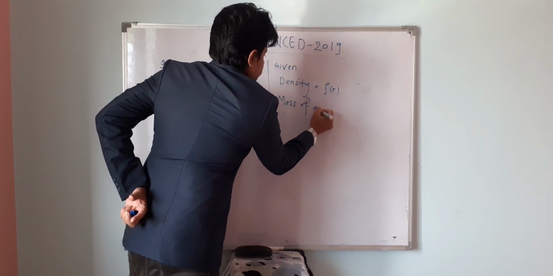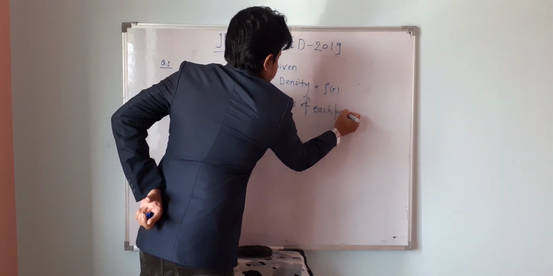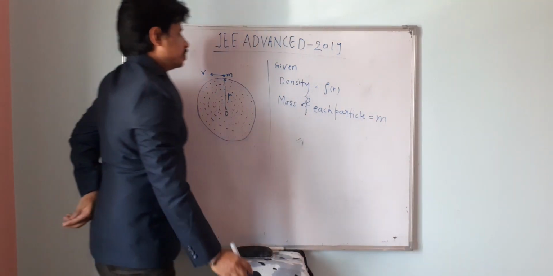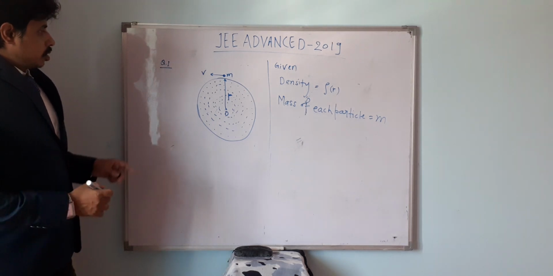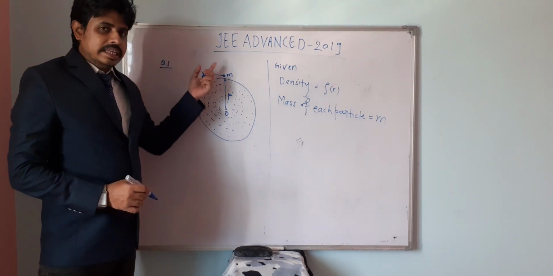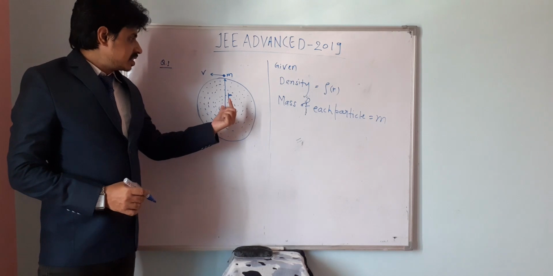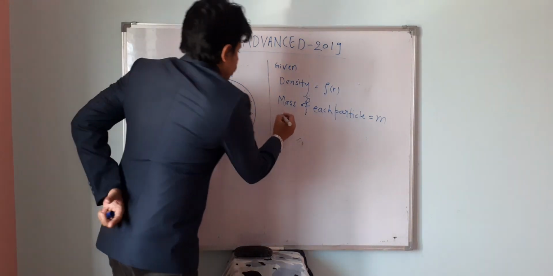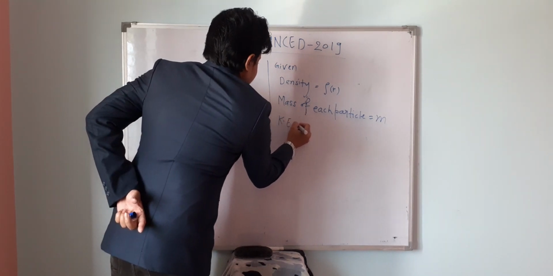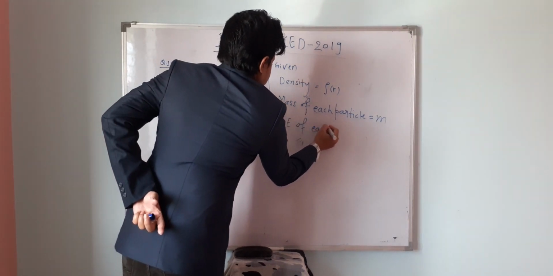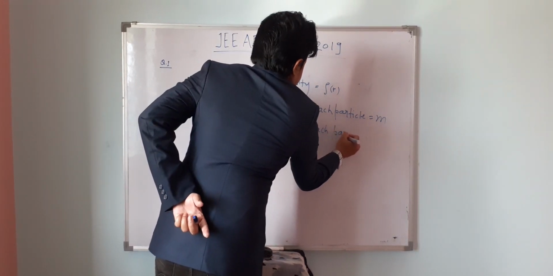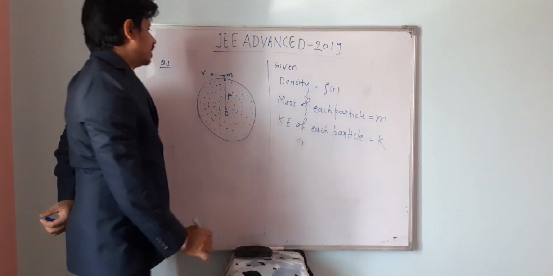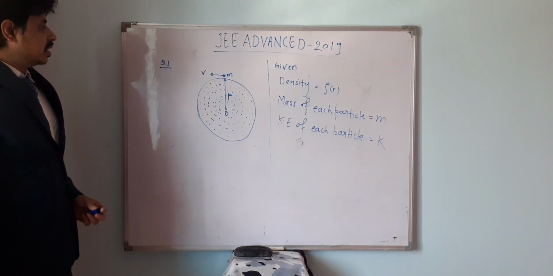Mass of each particle is equal to small m. Also, each particle is revolving around the center with a constant kinetic energy K. So the kinetic energy is also given. Kinetic energy of each particle is equal to K.